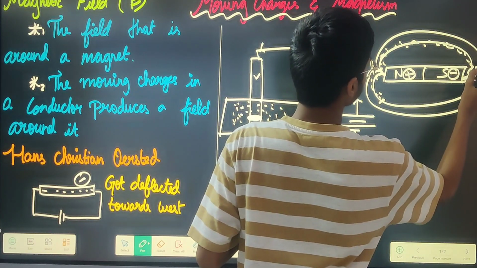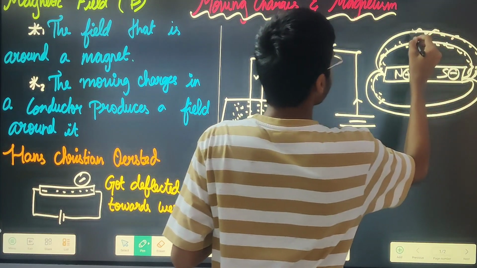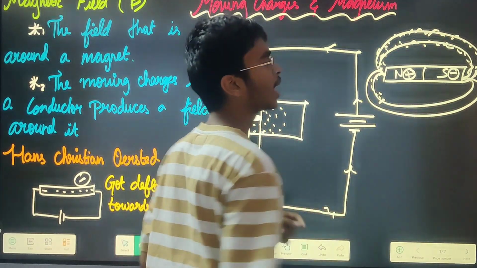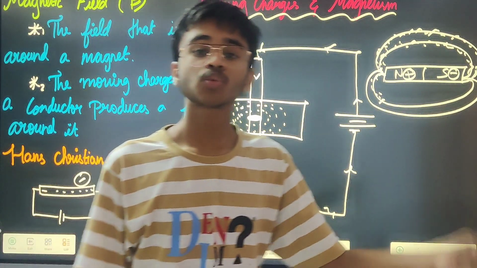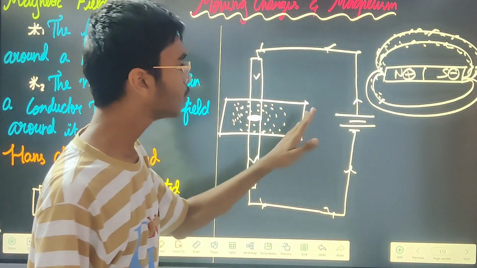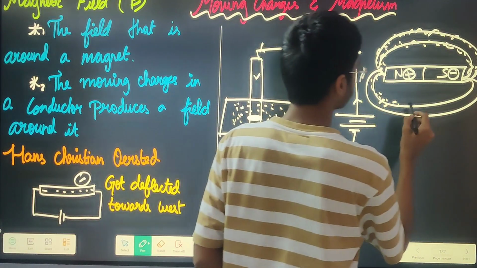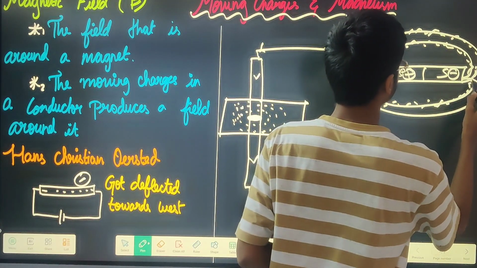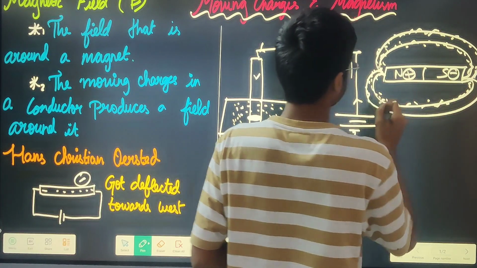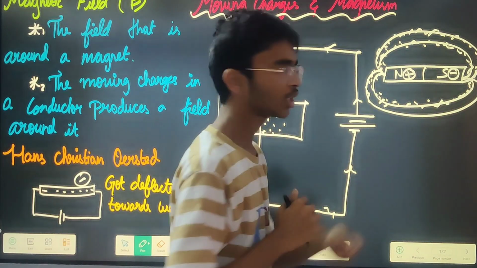From this, they were all able to conclude that along with the electric field, another field was produced, and only when charges are in movement. Only then were the iron fillings arranged in this particular shape.